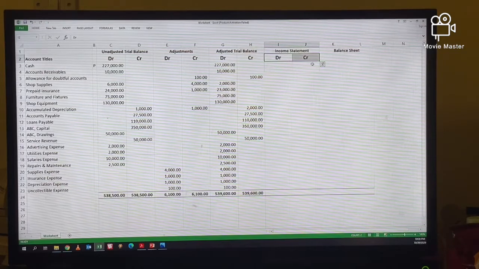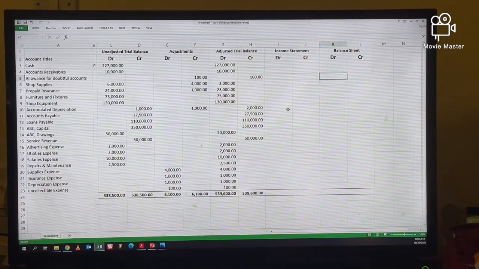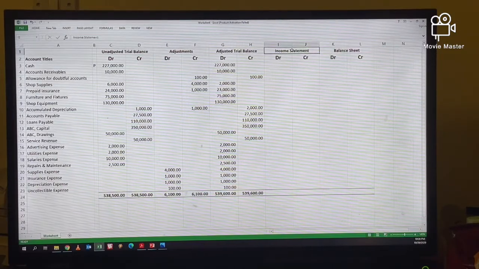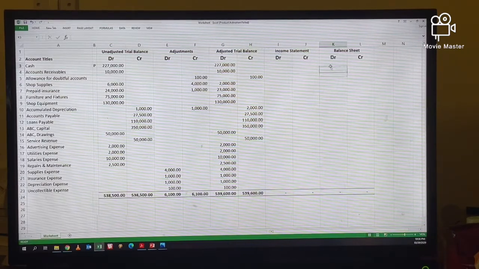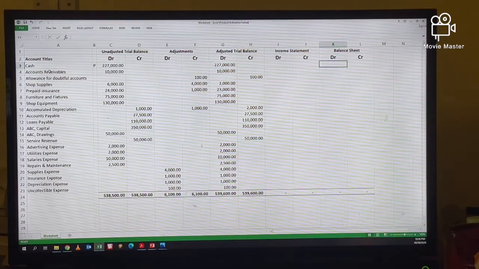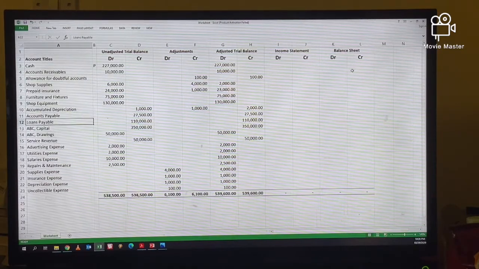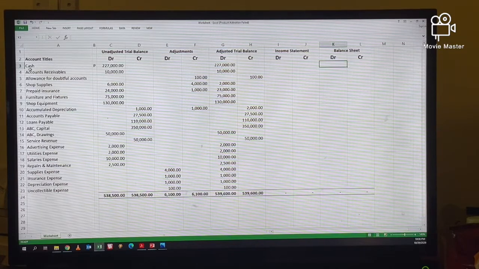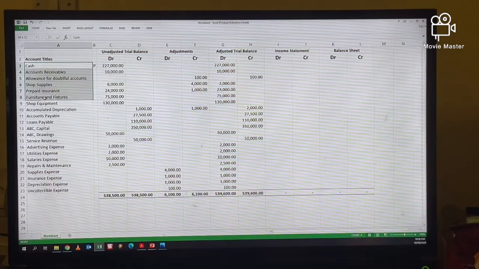Okay, so, we will now identify kung alin yung balance sheet accounts and income statement accounts. Ang balance sheet accounts mo is composed of your 3 elements, asset, liabilities, and equity. Kung hindi mo siya alam, you can watch my video on basic concepts. So, meron tayong elements na assets. In this case, ang assets natin ay ito.